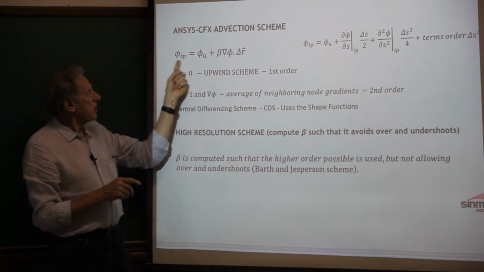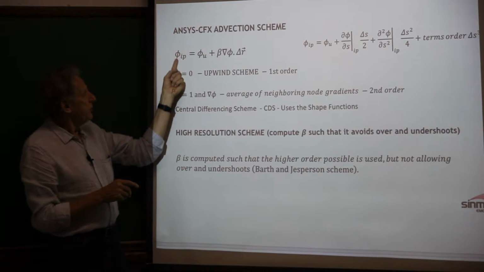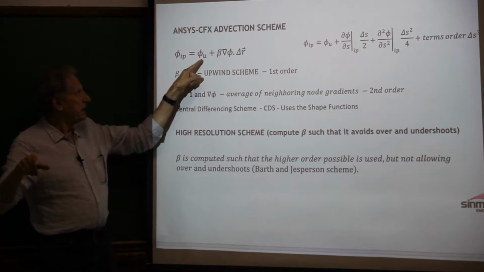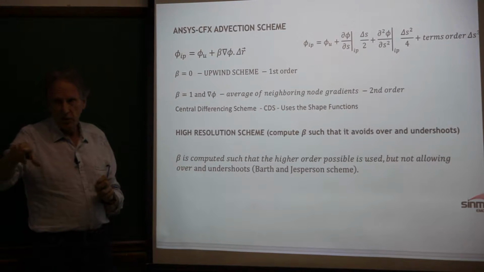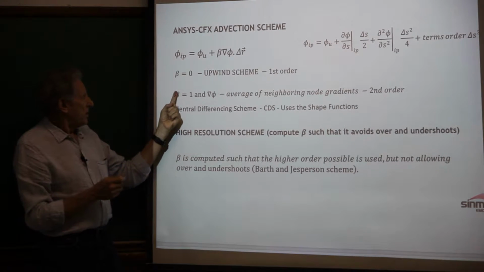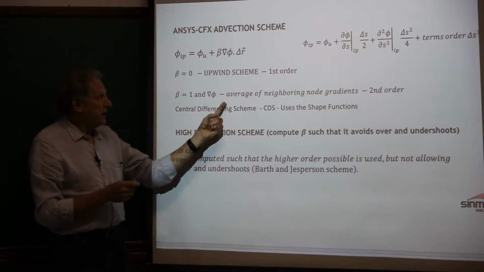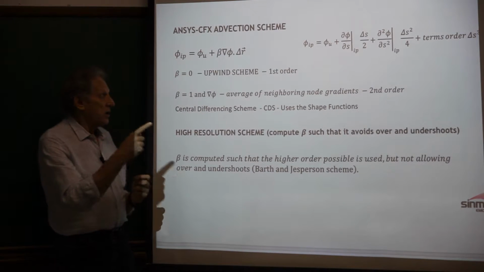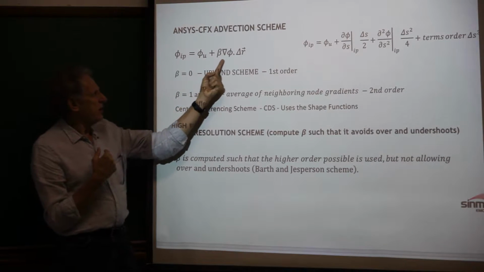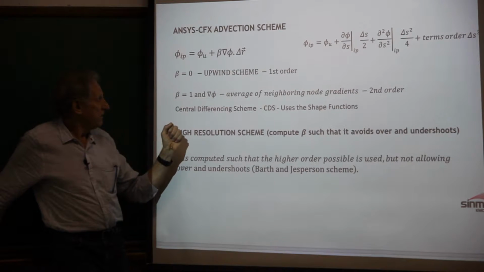And what you recover is here: if beta is equal to 0, you have an upwind, first order. But now you still have to take care about phi upstream in order to have positive coefficients. Beta equal to 1, and using the gradient of phi as the average of neighboring node gradients, of course it will give you a second order, because you are adding some antidiffusive flux here. That's what you are doing.